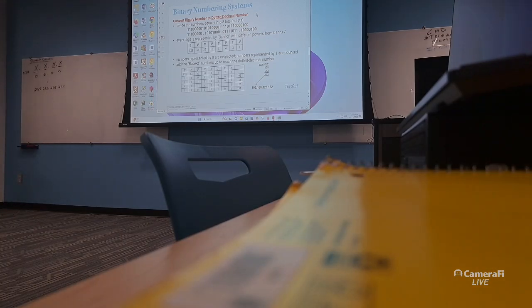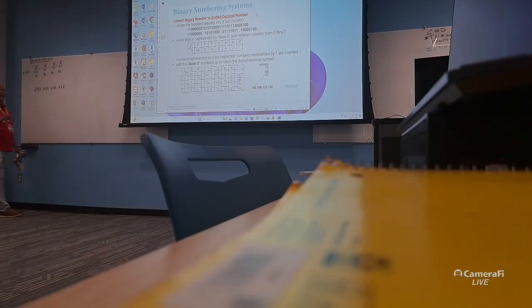Does this make sense? This is just the basics. Now, here's the deal. You have to be able to understand how to convert each of these numbers to ones and zeros. It matters.